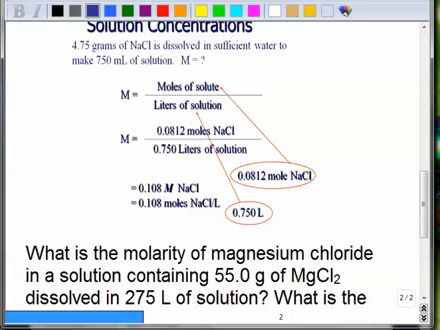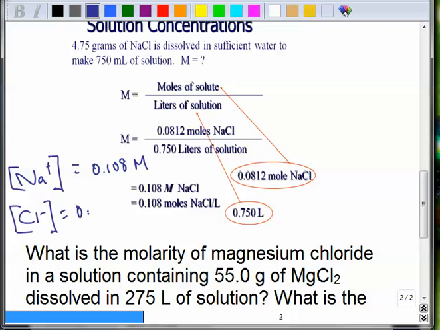So the concentration of sodium ions in this solution also equals 0.108 molar, and the concentration of chloride ions will equal 0.108 molar because of this 1-to-1 ratio.